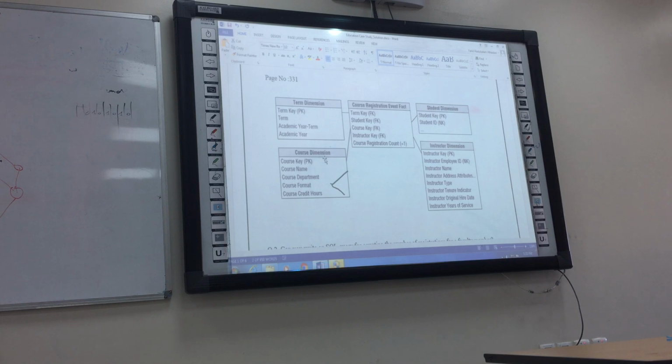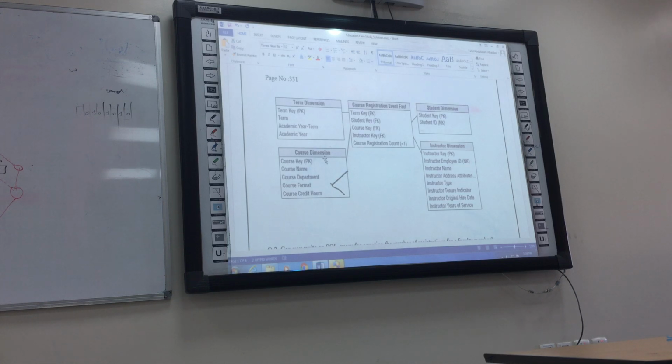If I have one level, it will be one cube. But if I have 2 levels, it will be the level for the course. How many instead? 4. And for the term, how many? We see for the term 1, 2, 3, not the key. Don't count the key. So you have 3. And so on. So actually I can calculate the whole thing here.